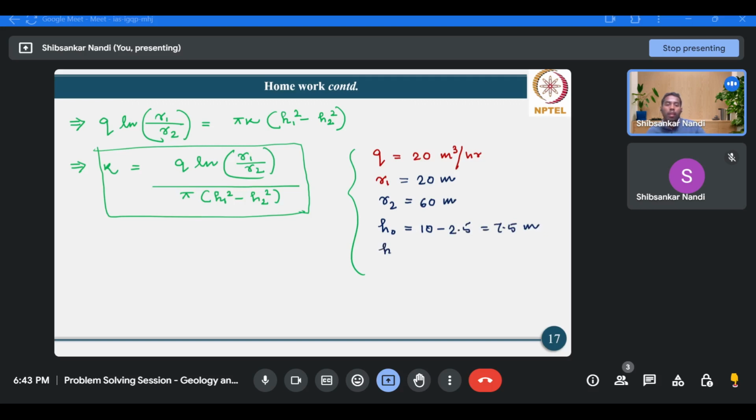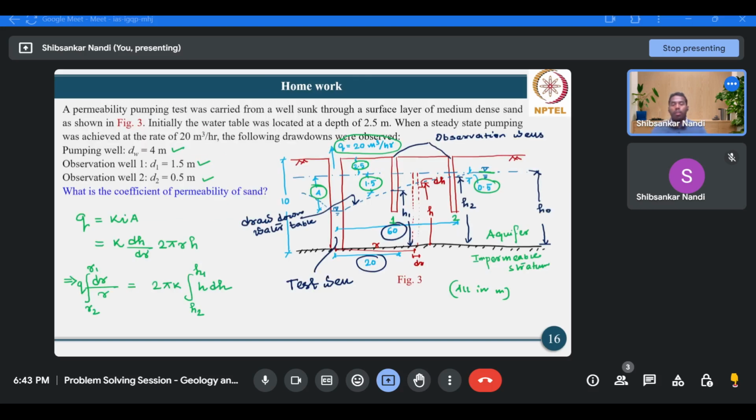Now to calculate H1, that is the height of drawdown water table from the impervious base in test well 1. So you have to subtract this drawdown value from this H0. Okay, so H0 minus D1.